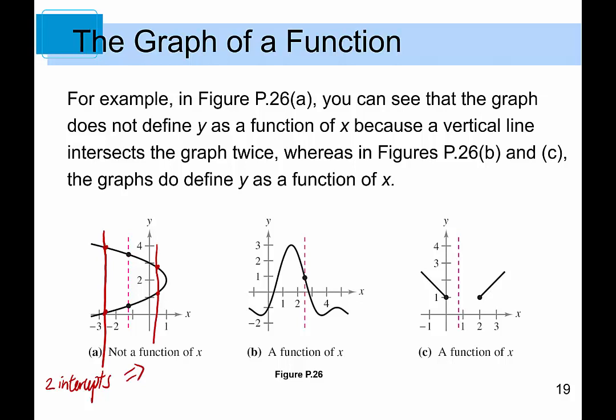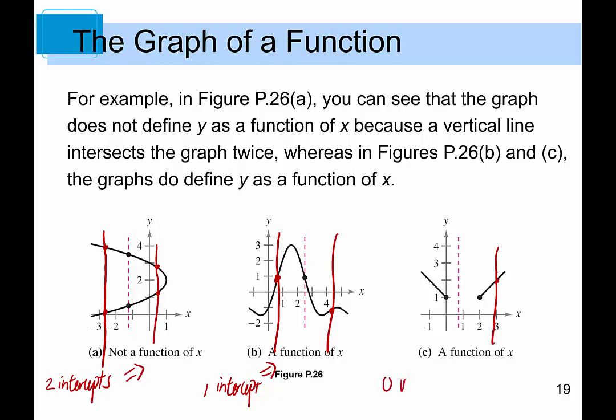And for the second graph, if you draw any vertical line, you only have one intercept, at any part of the graph. One intercept indicates it's a function. For this piecewise function, you draw the vertical line and get one intercept, and in some parts you have no intercept.